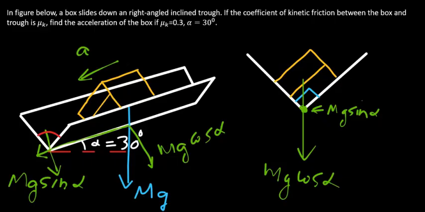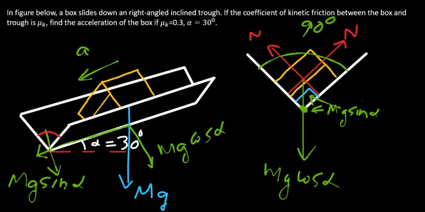And you also have normal forces acting from these surfaces onto the box, indicated by those two red arrows. Now note, they are normal forces, so they act 90 degrees with respect to those surfaces. This entire thing is 90 degrees, as indicated there. So what that means is this is 45 degrees and that is 45 degrees.